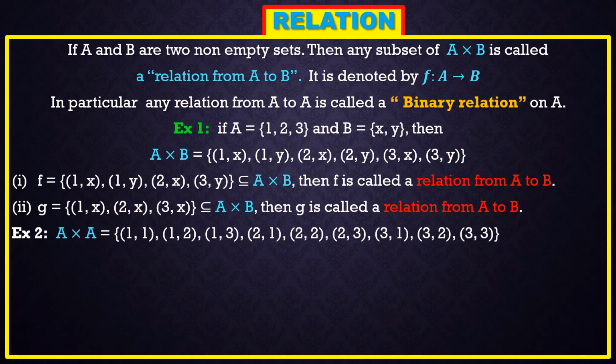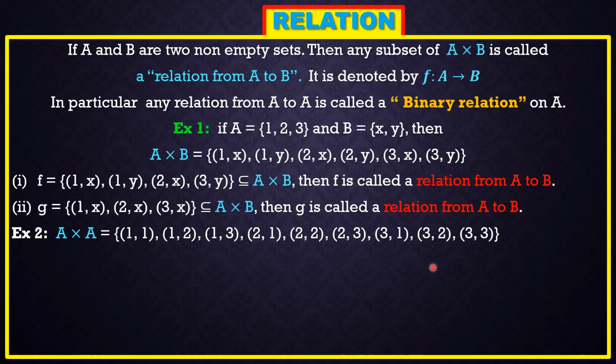And we take another example, that is defined by the Cartesian product of the same set, which is denoted by A cross A. Here A cross A means we take ordered pairs related from the set itself. Here 1 is related to the same set, so we take (1,1), (1,2), (1,3). Similarly (2,1), (2,2), (2,3), (3,1), (3,2), (3,3).